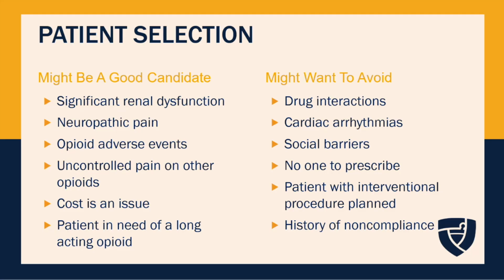If there are societal barriers, if it's a patient who may struggle with taking meds on a regular basis or may take their meds not as prescribed, a history of noncompliance is listed there as well, because of that risk of accumulation and respiratory depression from accumulation.